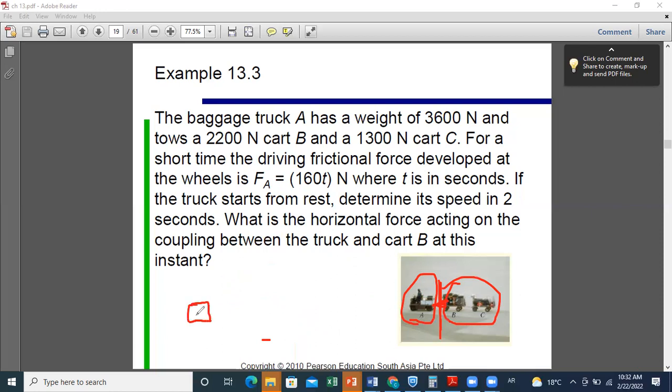on A, what are the forces? It's F of A and it's the coupling force, so F of B on A. Now, if you take system B plus C, what are the forces acting on B plus C in the horizontal direction?